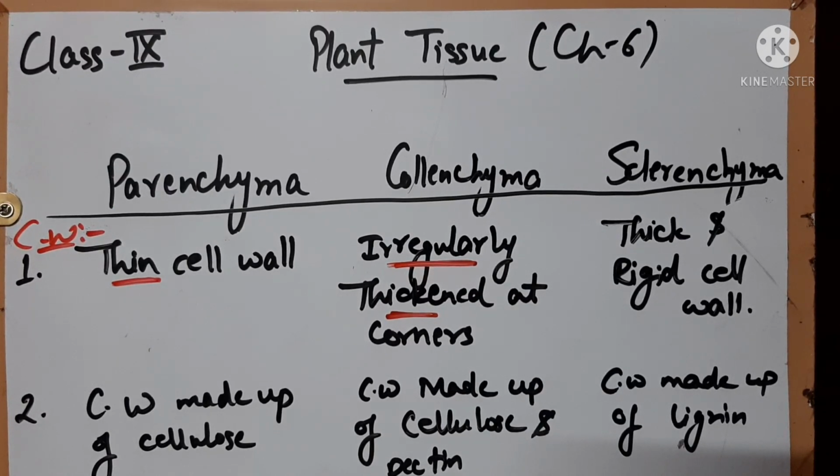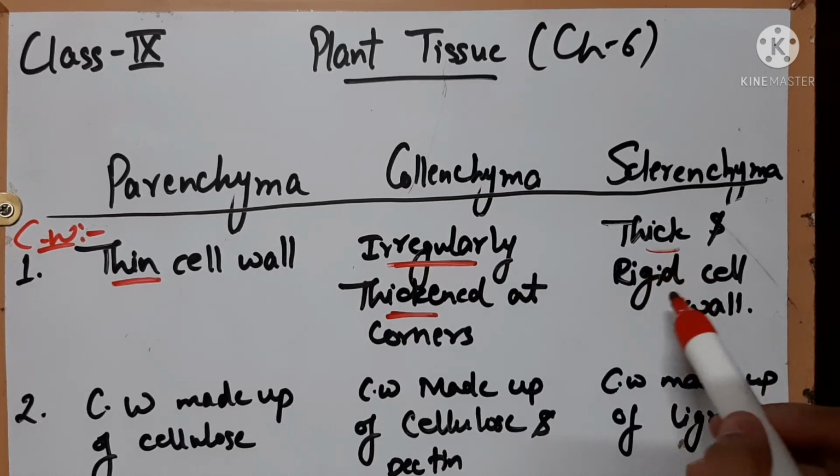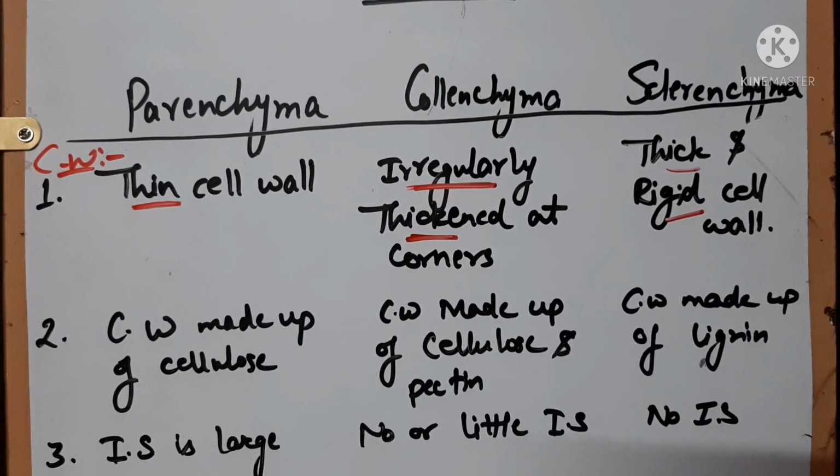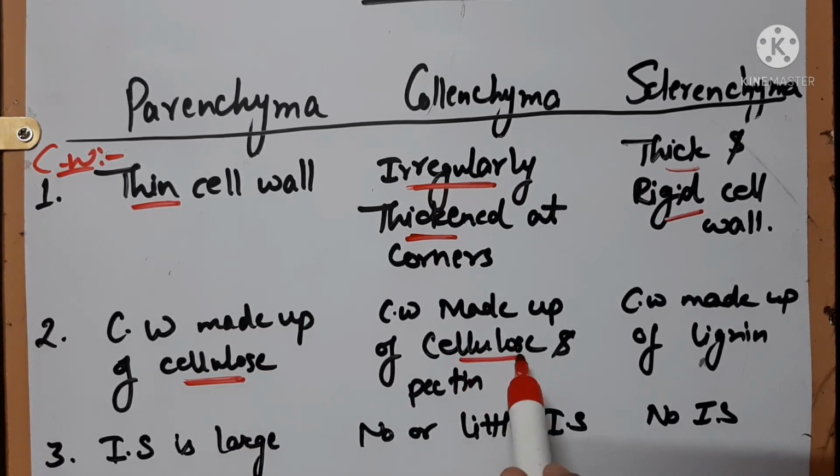And in sclerenchyma the cell wall is thick and rigid. Okay, so now let's see what the cell wall is made up of. In parenchyma the cell wall is made up of cellulose. Okay, and in collenchyma the cell wall is made up of cellulose and pectin, and in sclerenchyma the cell wall is made up of lignin. Do you remember what is lignin?